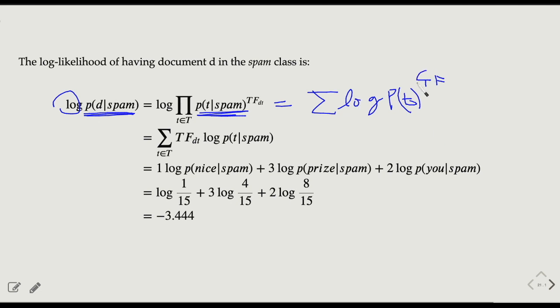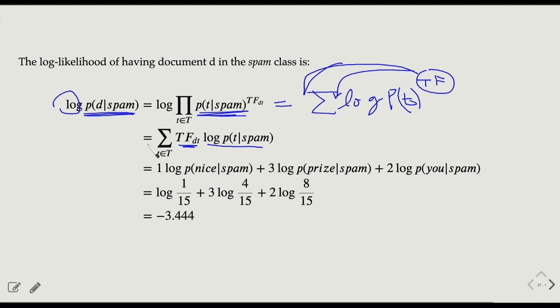And this TF inside the logarithm should be brought outside of the logarithm. Okay, so that is what happened here. So TF times log of P of t, and then you sum the log probabilities.